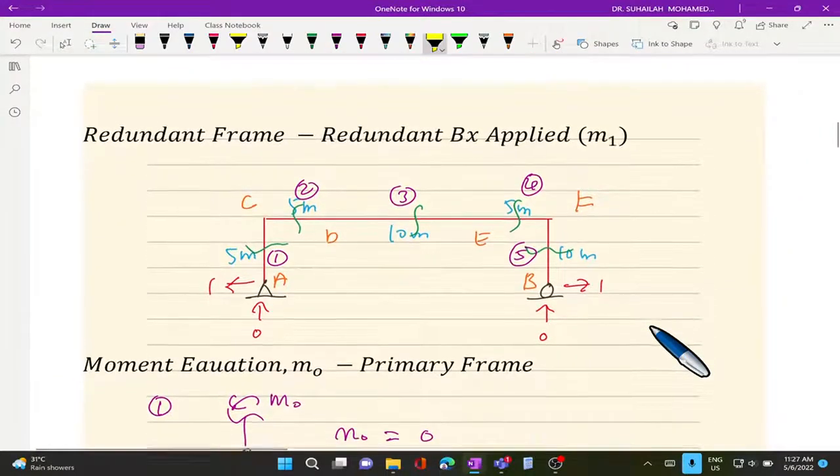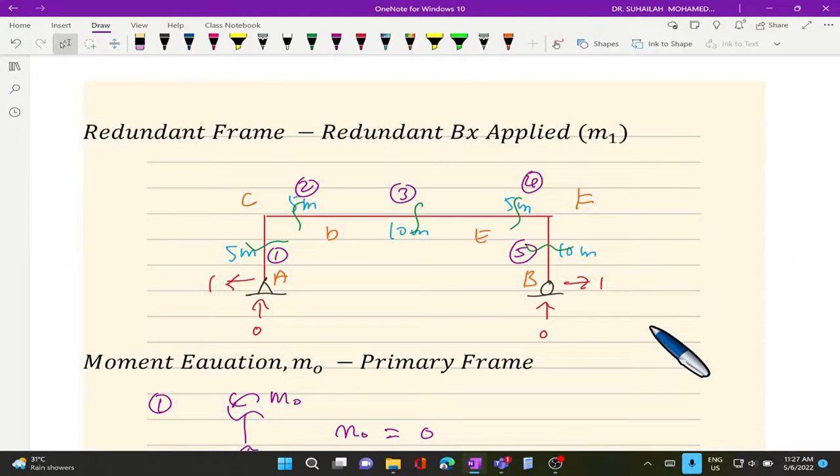For the redundant frame, redundant BX is applied, BX is subjected into the system. Assume as an applied load. So this is redundant number 1, so we label as M1.